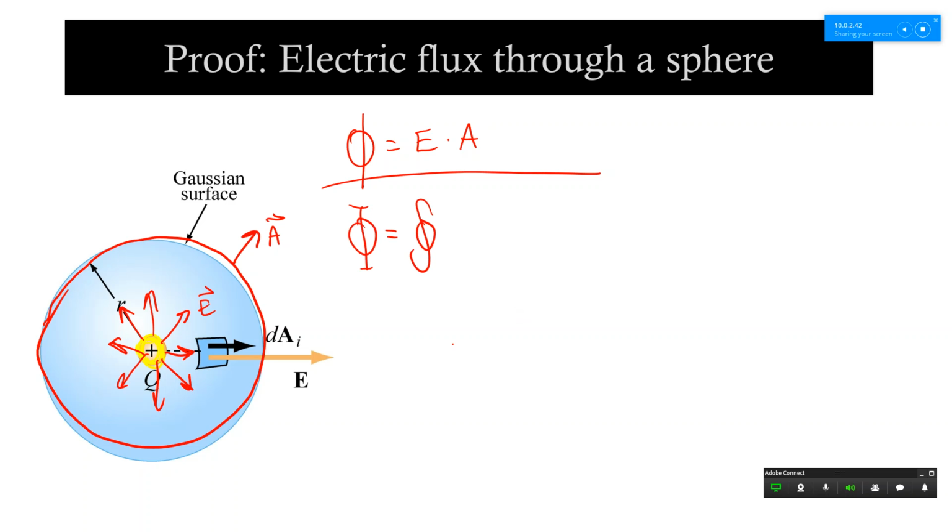And that's what this symbol means. It's an integral symbol with a circle in it, which means that it's a surface integral. You don't need to know how to do this mathematically. You just need to understand what this is conceptually. It's an addition of everything along a surface, okay? Of the electric field dot product of dA.